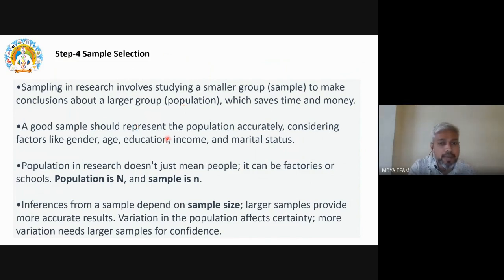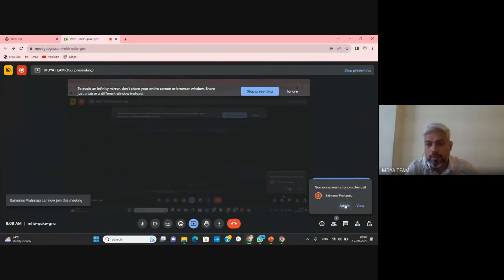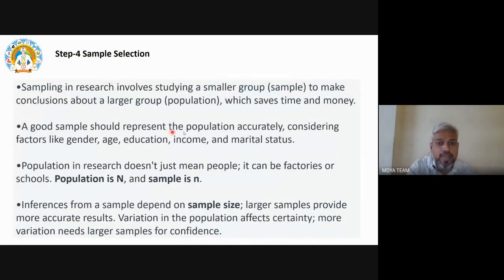A good sample should represent the population accurately, considering factors like what? Gender, age, education, income, and marital status. So when you take a sample, it should represent the population accurately. That is what we need to keep in mind during sample selection.